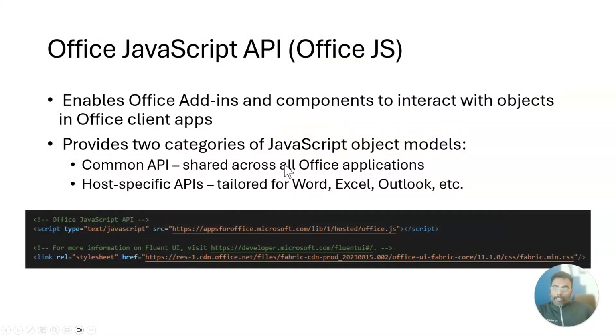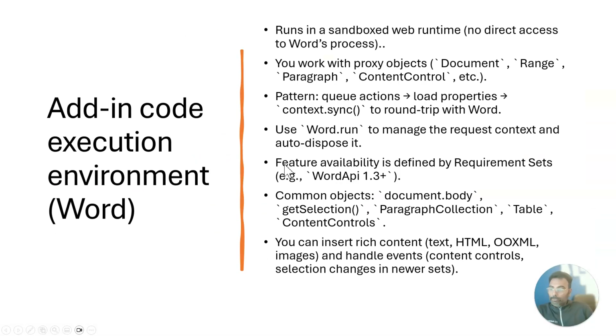Getting back to the slides. You see that an Office add-in executes within the context of an Office application. So when you run the sandbox code, there is no direct access to the processes, right? However, you have got the context, the proxy objects, and much more.